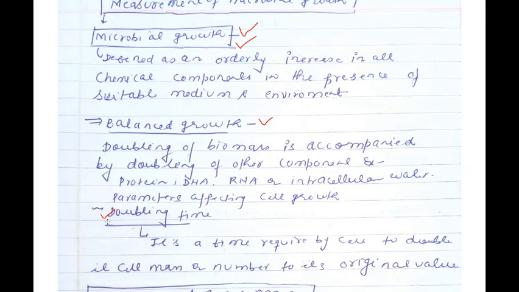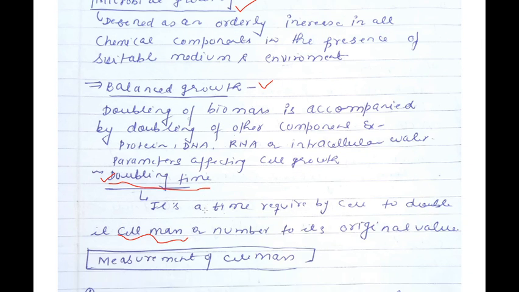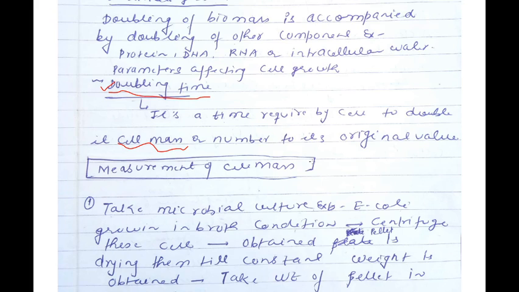Clear? So if the population increases to double, that time is called the doubling time. It's the time required by a cell to double its biomass or cell number. Now how do we measure the growth of cells?